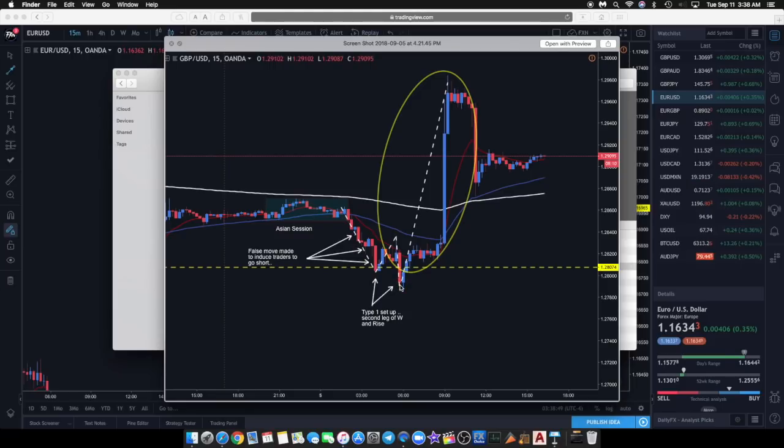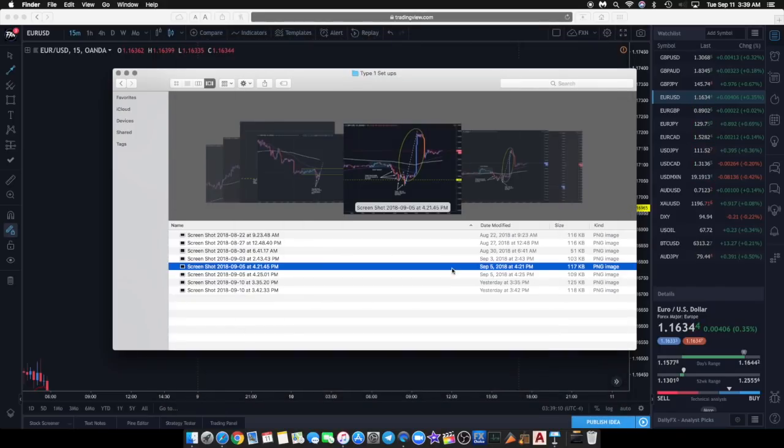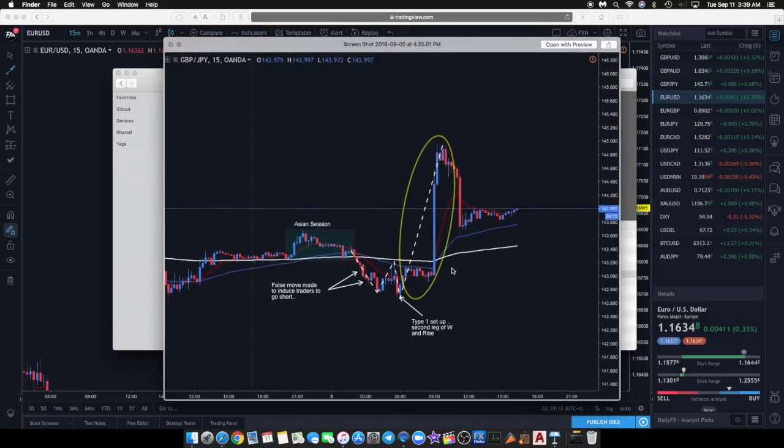And then as soon as they get enough orders, they pull it right back out and they rise. Okay? So this is important. This is why I wanted to show you real charts of how it looks, because sometimes it doesn't look all pretty like a perfect W. These are the things that you're wanting to look for. Okay, let's look at a couple more.